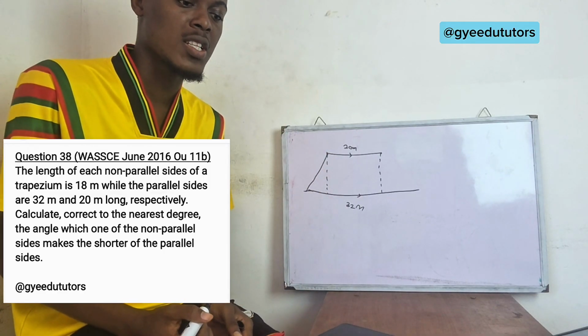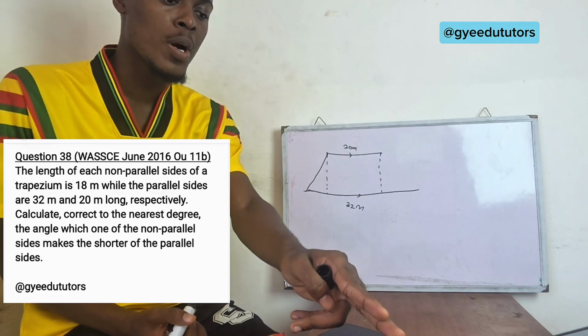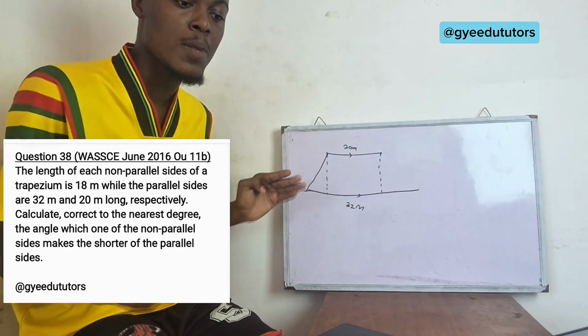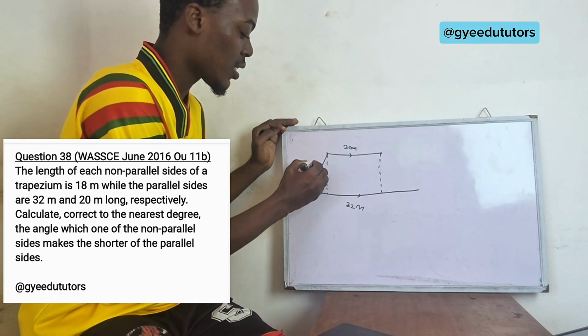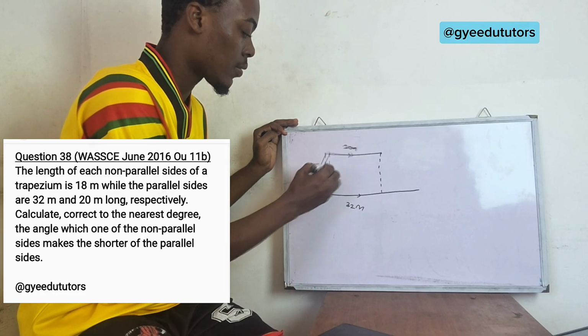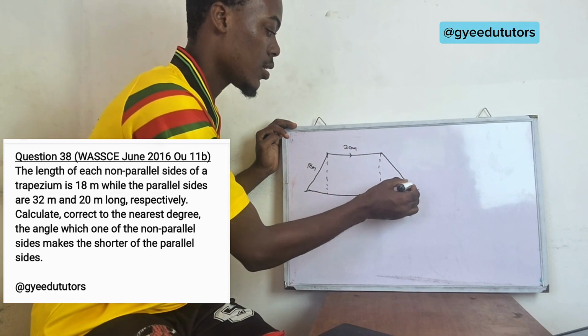The question also says the length of each non-parallel side, the side that meets, is 18 meters. So here is 18 meters.